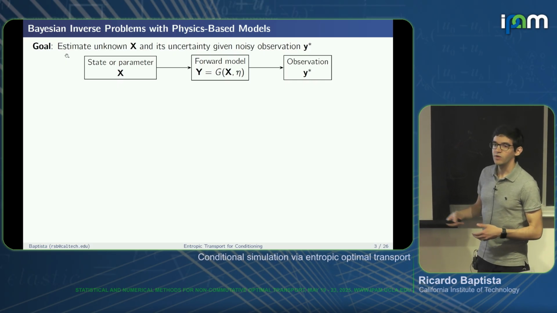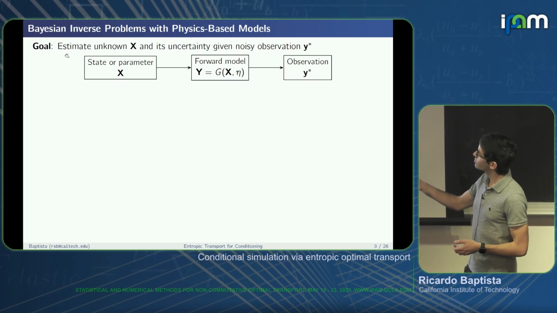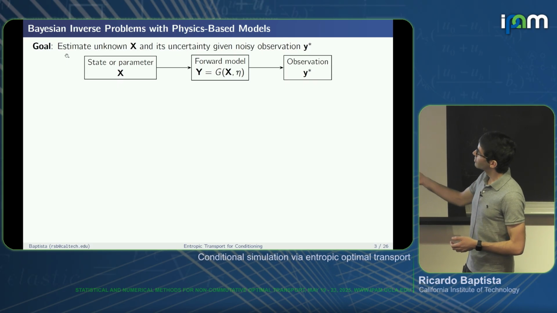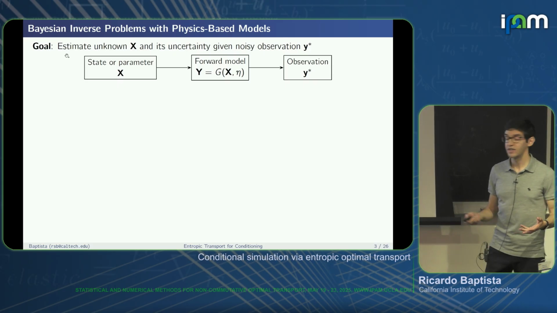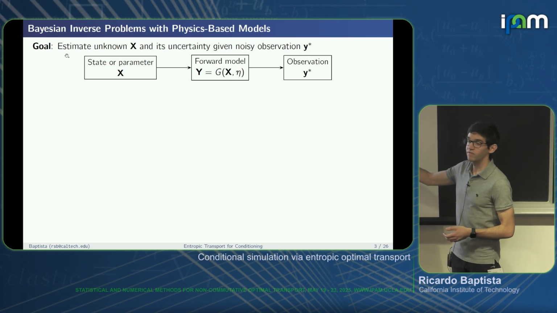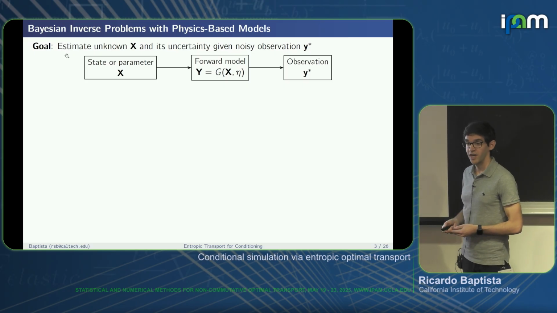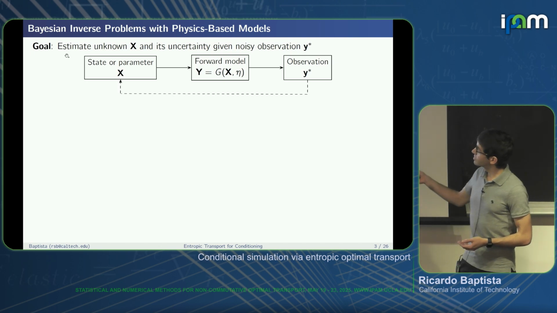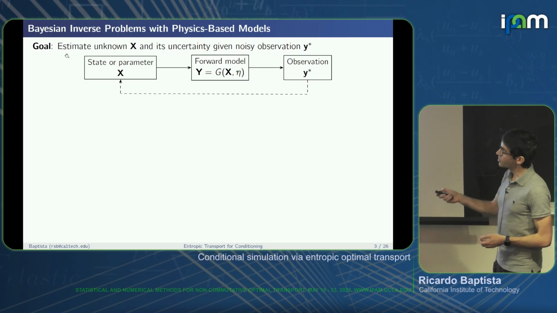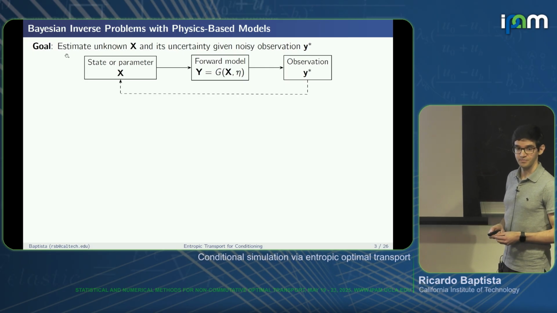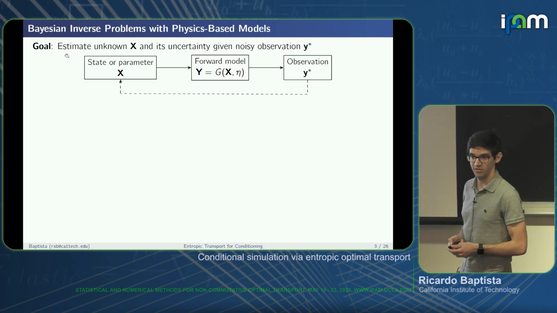In inverse problems, what we typically assume is that x, the state, is related to the observation through some forward model, g, that takes in as an input x and maybe some observational noise or process noise that we can denote by eta. And what we'd like to do is to then, given an observation, a realization of y, try to infer back x, the x in particular that might have generated the observation that we see.